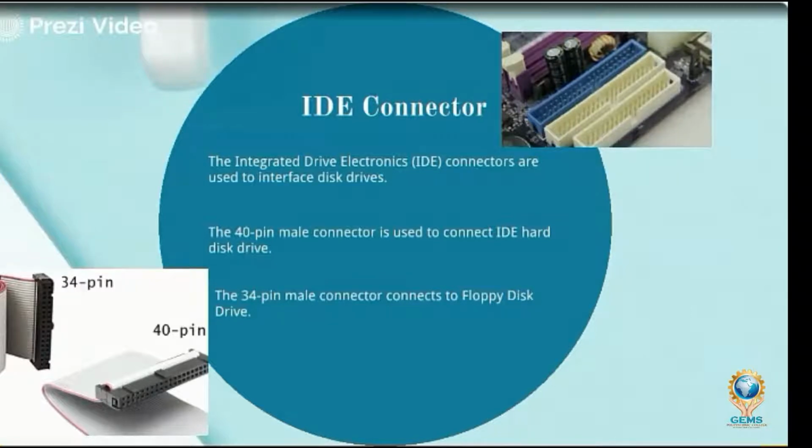It is used to connect an IDE hard disk drive. Means the 40 pin male connector is used to connect the hard disk. And it also has a 34 pin male connector that is used to connect floppy disks or CD drives. Here we can see how the slot looks like and how the port looks like.